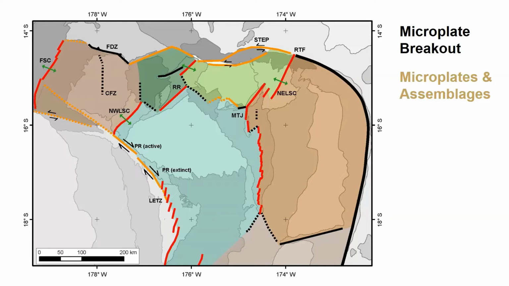So for example, the blue one here is the Niuafo'ou microplate in the Northern Lau Basin, and it contains the elements of at least 10 different assemblages. And many of the microplates share assemblages on opposite sides of, for example, a spreading center shown here. And it's easy to imagine that with a small amount of crustal shortening in an arrangement like this, you could actually bring many of these elements, these orthogonal elements, into essentially parallel arrangements that we're more familiar with in greenstone belts.